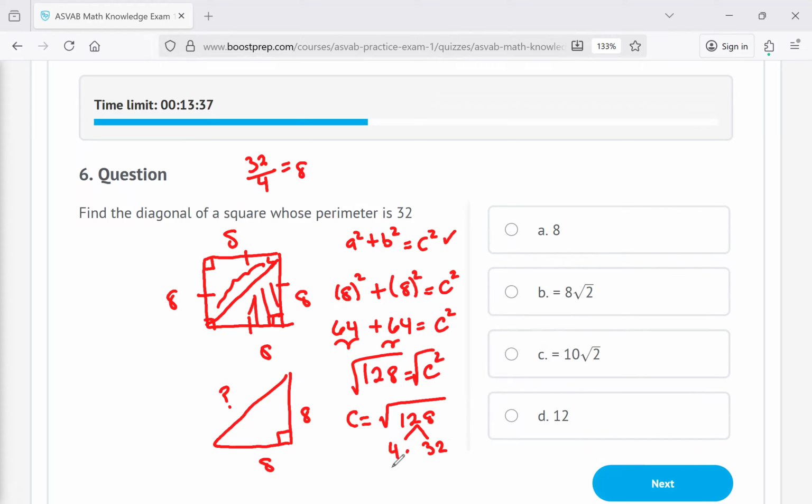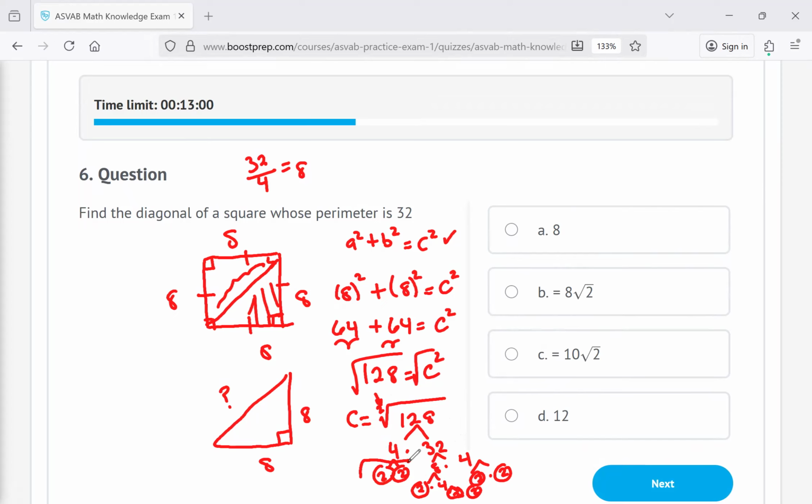Okay. 4 is not prime, it could be broken down as 2 and 2. 32 is not prime, it could be broken down as 8 and 4. 4 could be broken down as 2 and 2. 8 could be broken down as 2 and 4. And then 4 could be broken down as 2 and 2. Then what we do is, remember we look at the number here. If there's no number, there's an invisible 2. So what we do is circle pairs of 2s. So a pair in general, of your prime numbers.